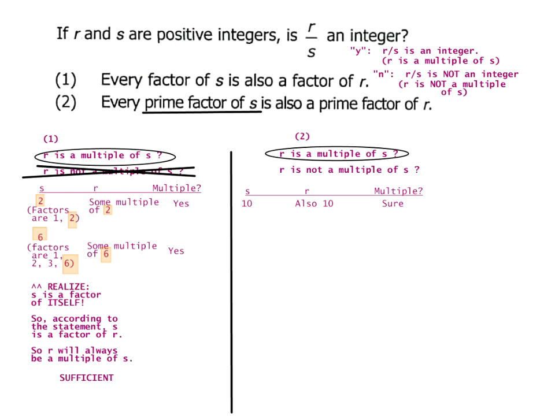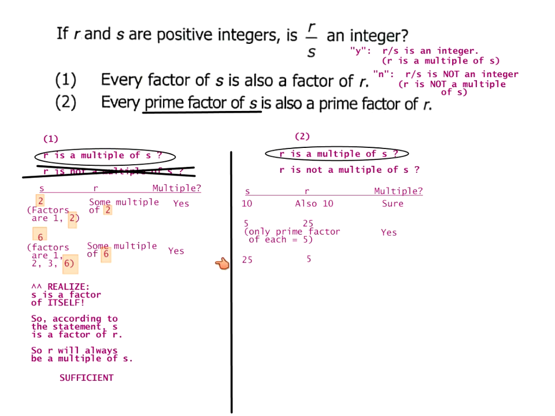So here, if we let S be, say, 5 and R is 25, the only prime factor of each is 5. That's still a multiple, but if you switch it around, it still works, unlike last time.